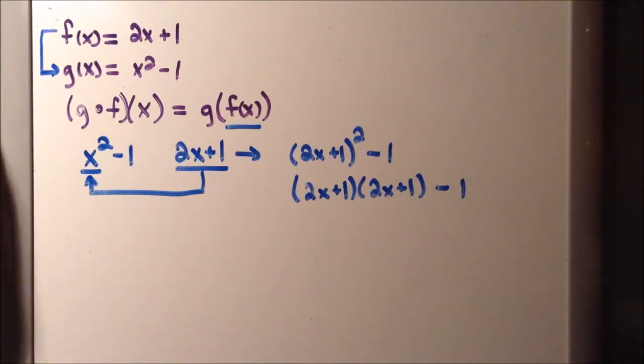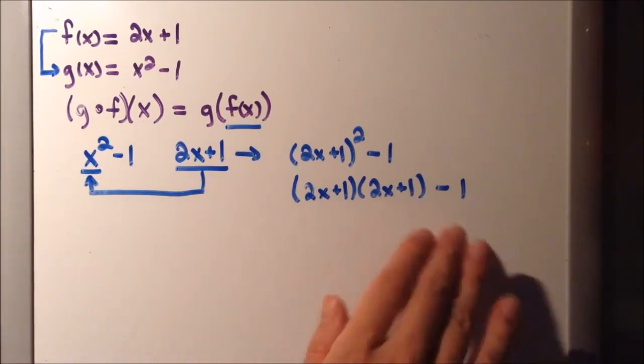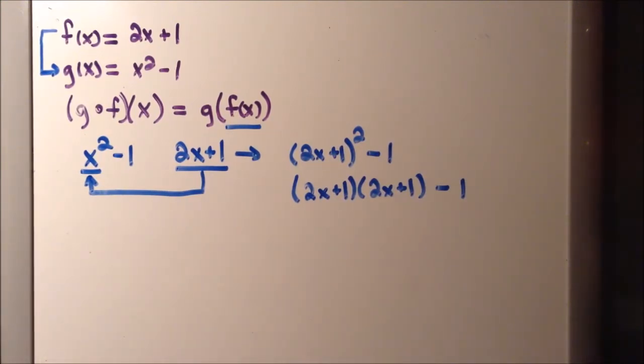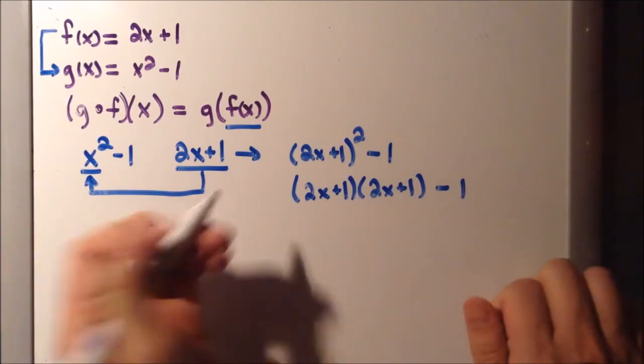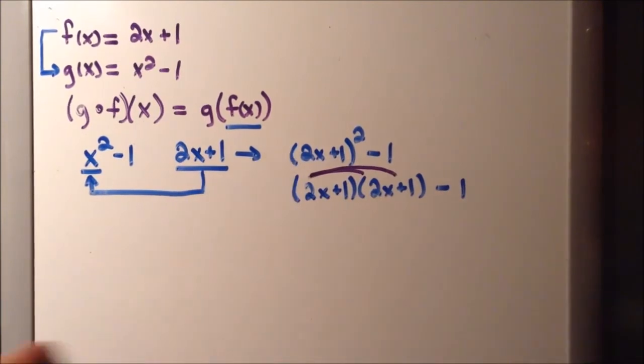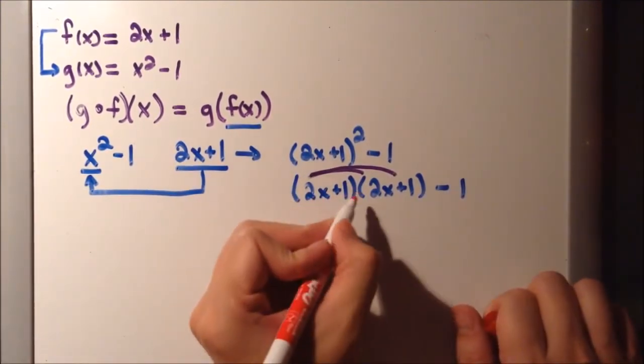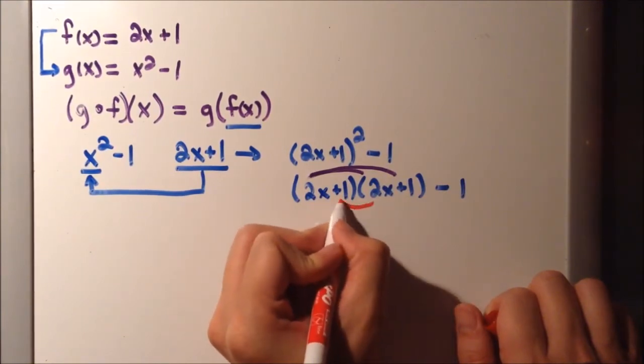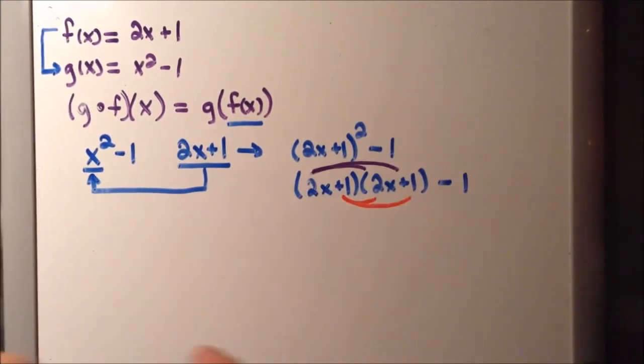Alright, so again, for this method, you can use FOIL or you can use the box method. Doesn't matter which for my class. And this plus 1 will go to both of these two.